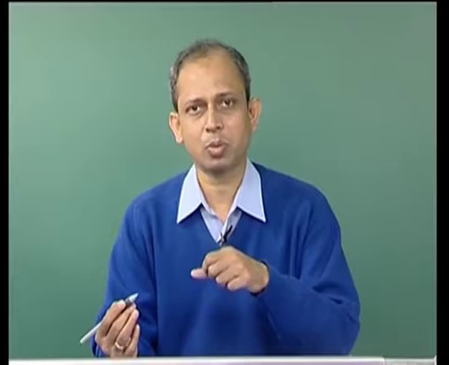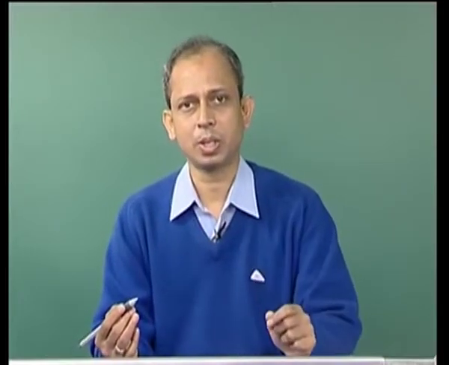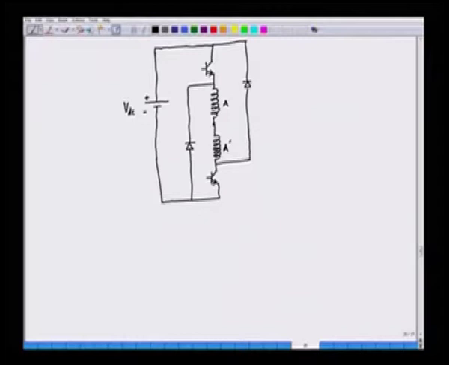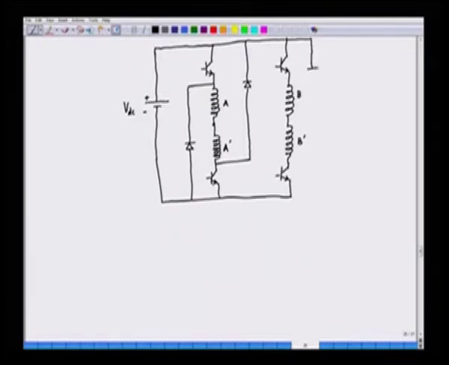Phase B will be something similar to this, phase C will also be something similar to this. So, phase B will be connected exactly in the same way. Here we have B and B prime. These are the transistor switches, and this is the diode. Here is the diode.